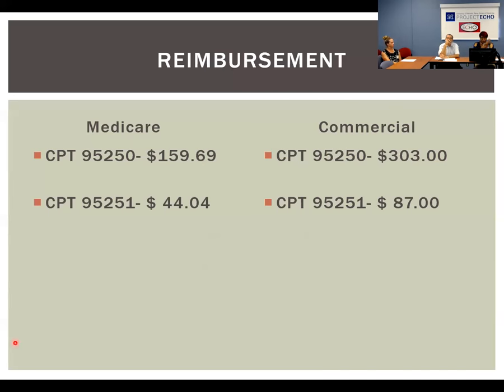Is the cost of the supplies built into these fees? As far as the sensor? Built in, as far as the Medicare payment back? Yeah. So is there a separate charge for the sensor, or is this just the charge for the insertion and prep, etc.? And is there a separate fee that's charged to Medicare to buy the sensor?